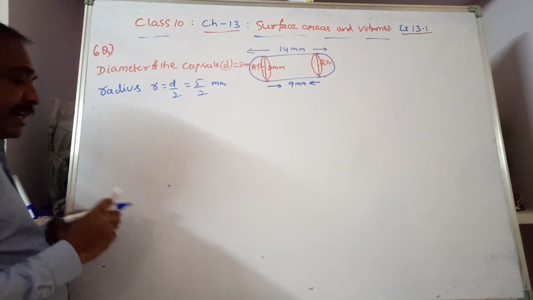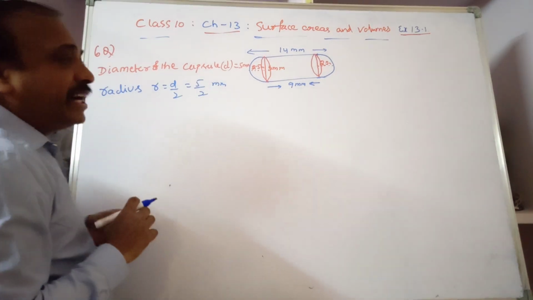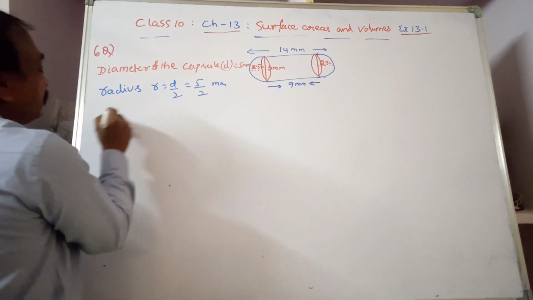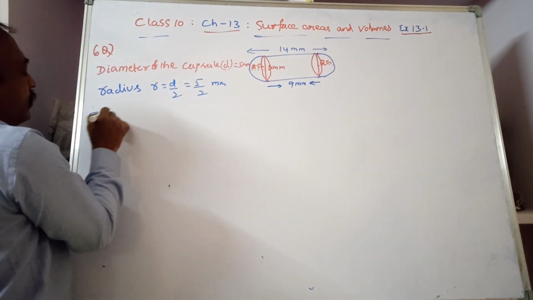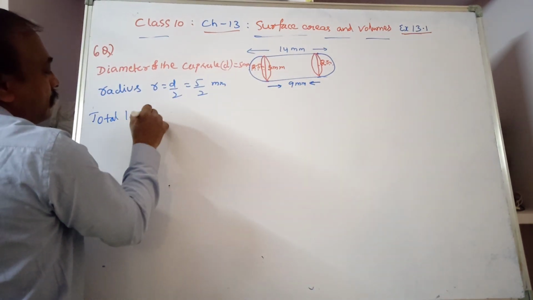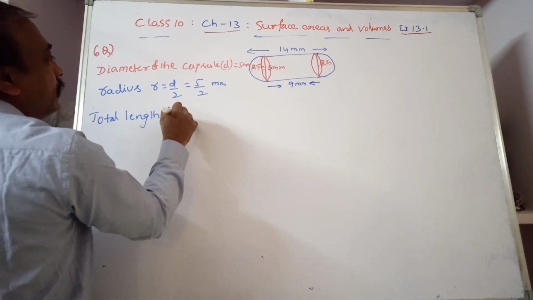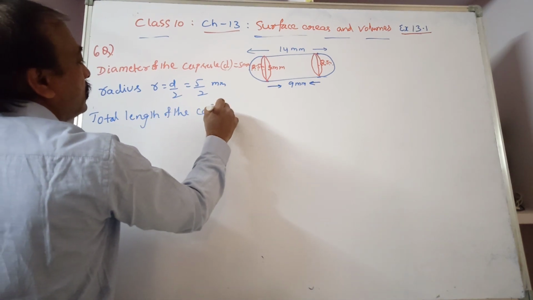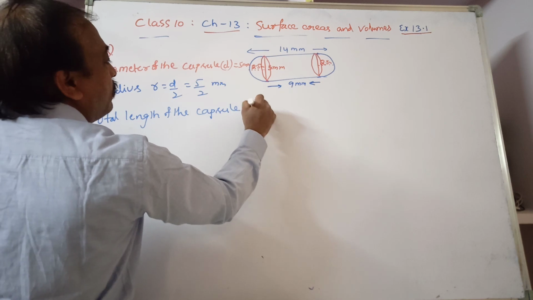You can use either 5 by 2 or 2.5 millimeters. Next, the total length of the capsule is given as 14 millimeters.